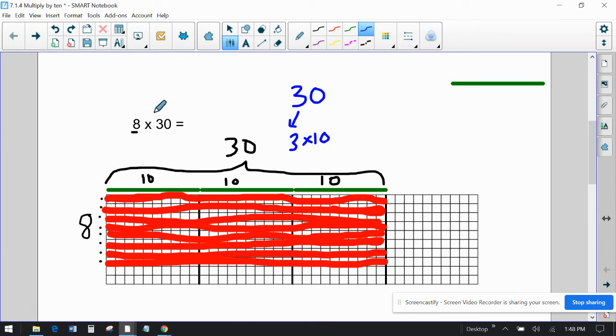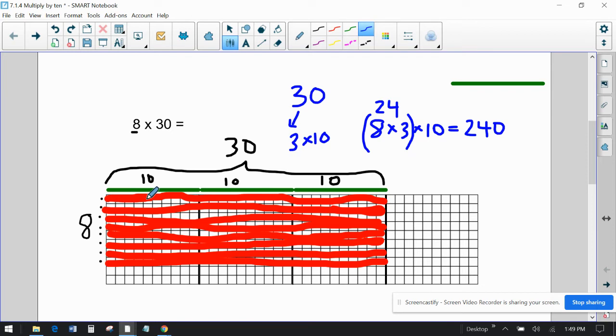And instead of doing 8 times 30, you think about it like 8 times 3 times 10. So if you do the 8 times the 3 first, it's 24. And then you multiply the 24 times the 10, you get your answer is 240.